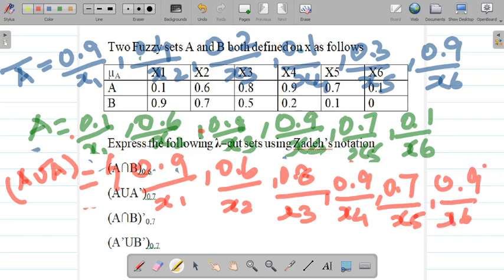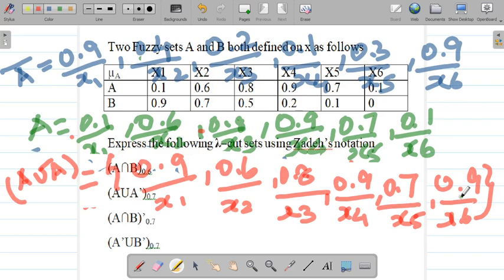So the value for A union A bar is 0.9, 0.6, 0.8, 0.9, 0.7, 0.9.